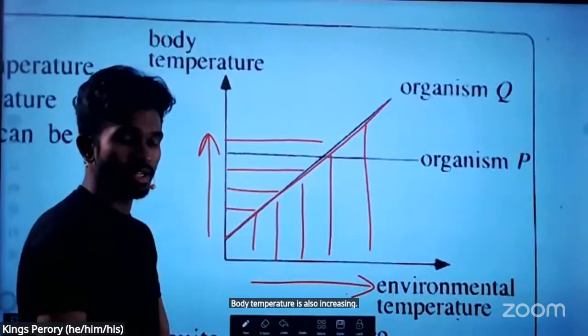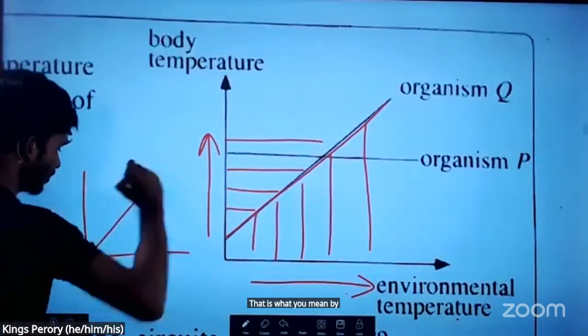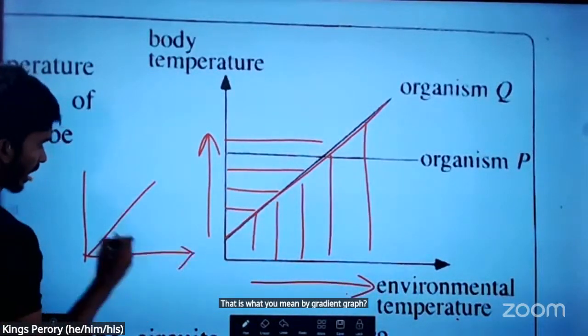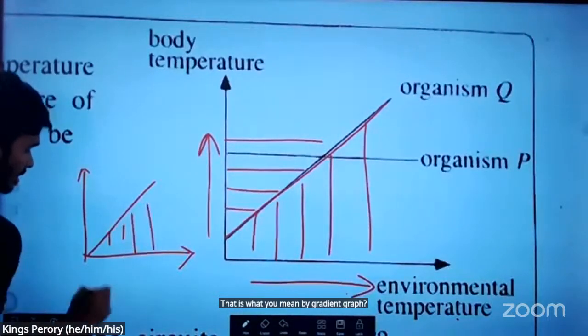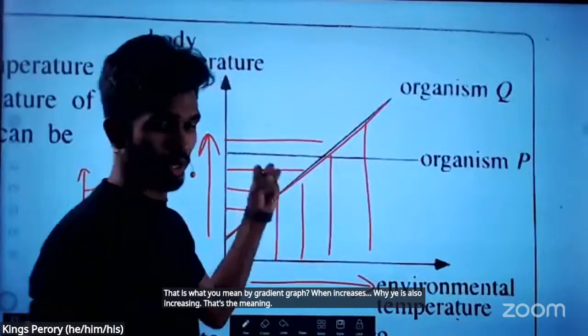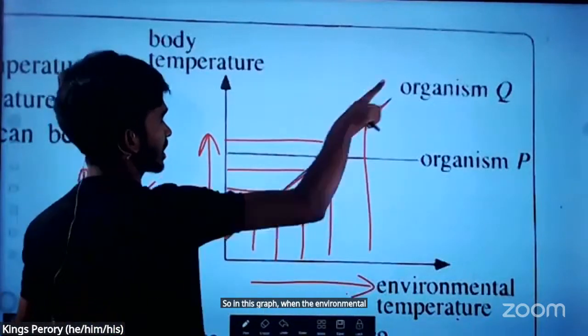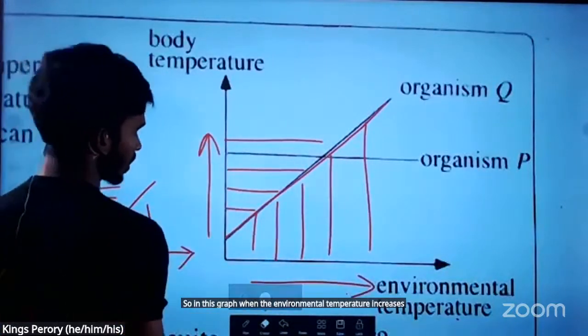Can you see that in the graph? That is what you mean by a constant gradient graph. When x increases, y is also increasing. So in this graph, when the environmental temperature increases, body temperature also increases.